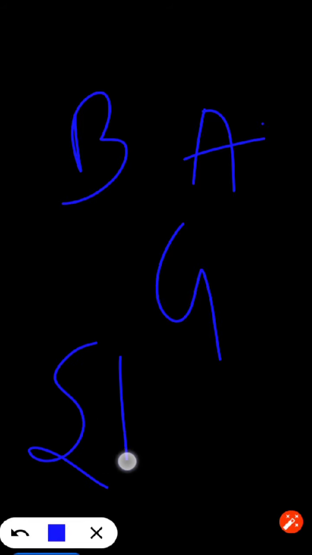If B is above G, then it is known as stable equilibrium, and this condition is known as restoring couple.